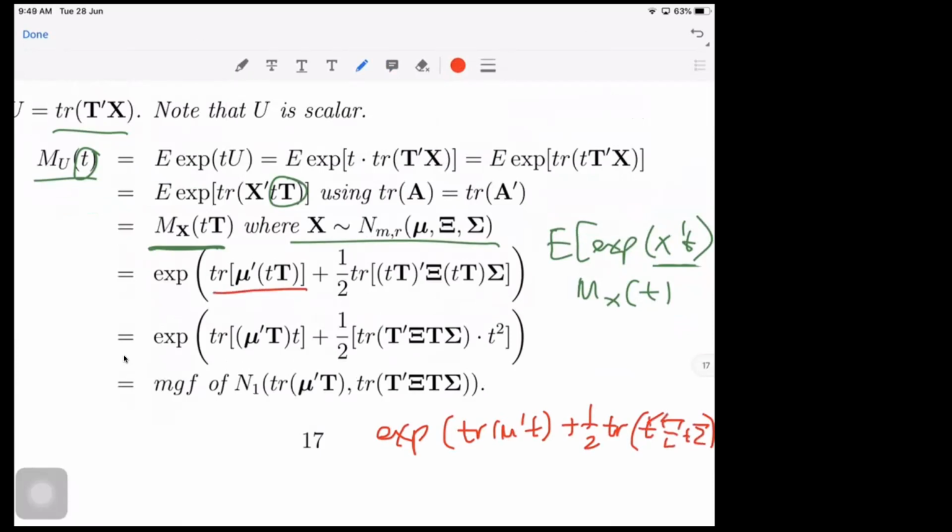So, trace of mu prime t and then 1/2 trace of t prime sigma t sigma. Okay?